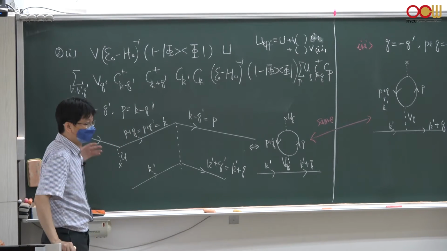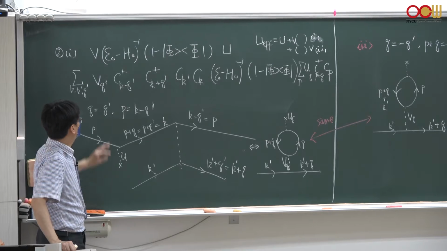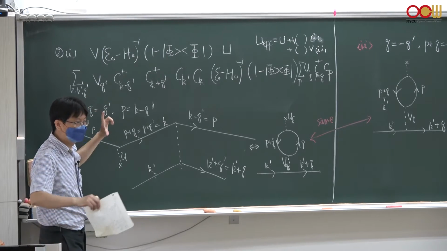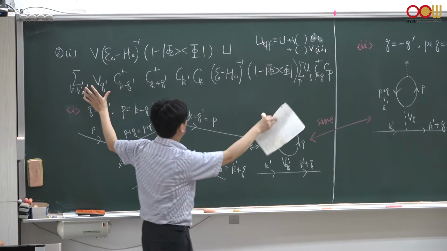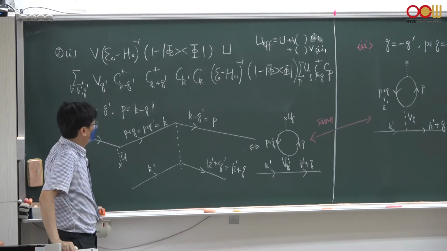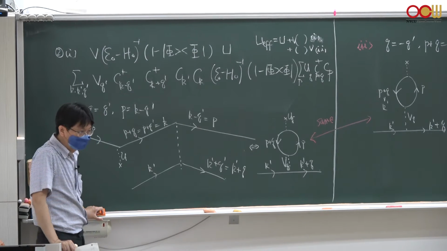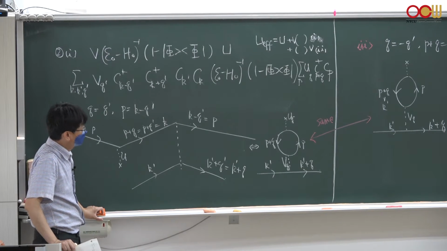And we could use a diagram to simplify this calculation. Remember, we need to evaluate the expectation value of this messy six-operator product. But in order to get finite contributions, there are only two possibilities remaining.